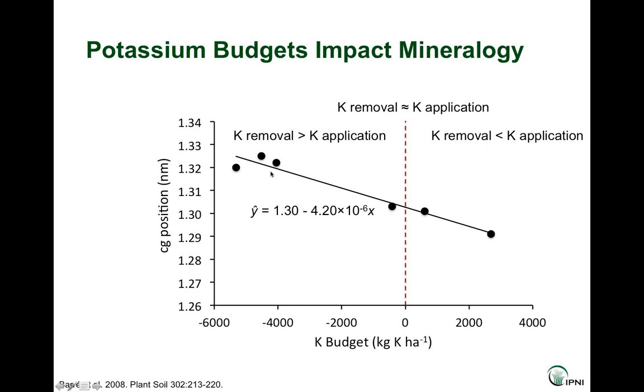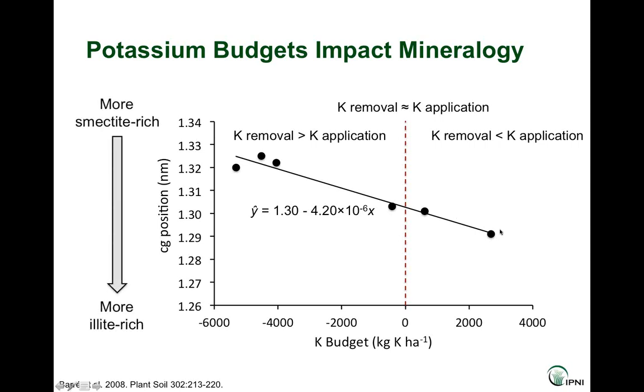And you can see that where we had negative budgets, our center of gravity tended to be higher. That means that there was more space between the individual mineral layers, meaning they behave more like smectites. As we added K, there was less space between the mineral layers, and they behaved more like illites.